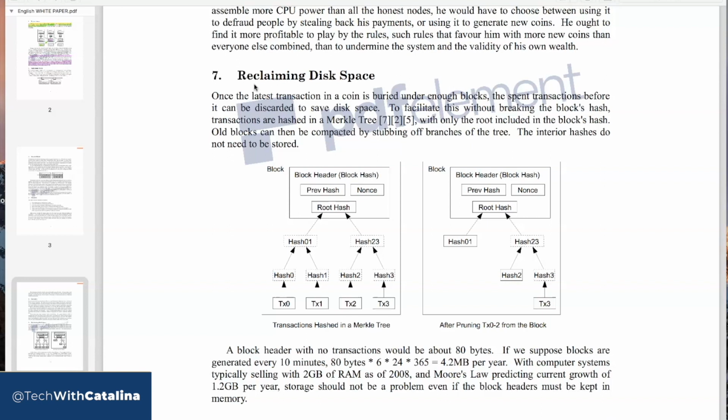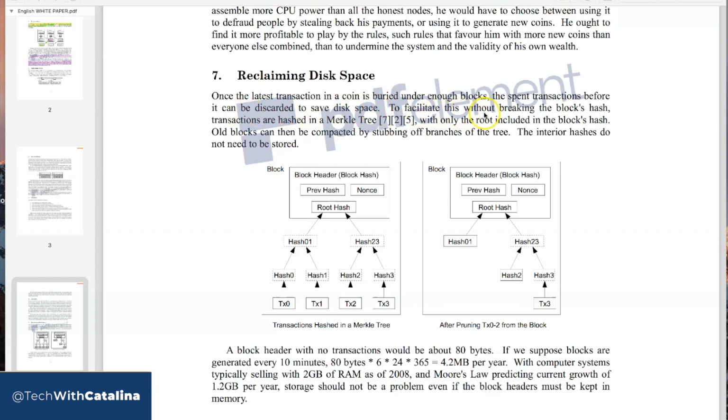It's a real thing. Now I'm going to explain more concepts that will help you understand this a little bit more. Once the latest transaction in a coin is buried under enough blocks, the spent transactions before it can be discarded to save this space.